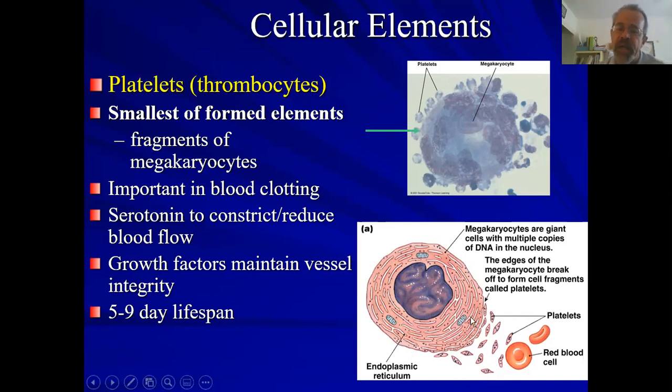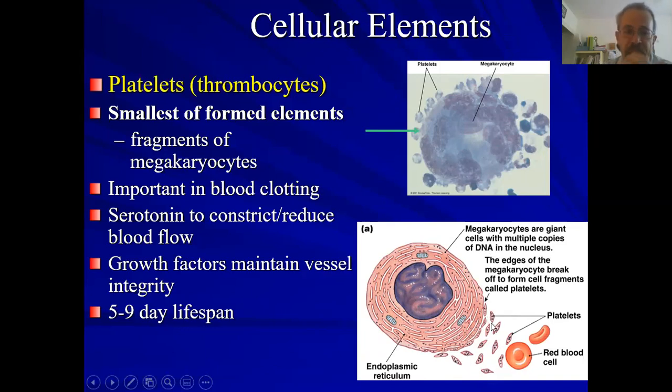This is a huge cell that normally is only found in the bone marrow. And during the process of development, there's little bits of the megakaryocyte that are shed. See these little pieces that come off of it? These are the platelets.